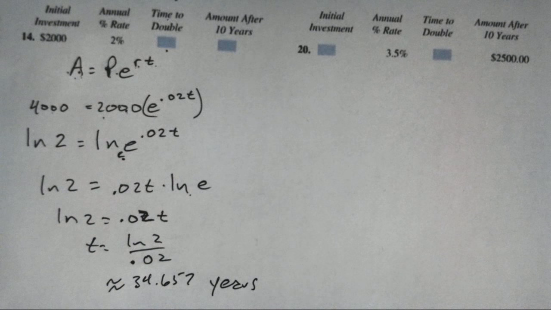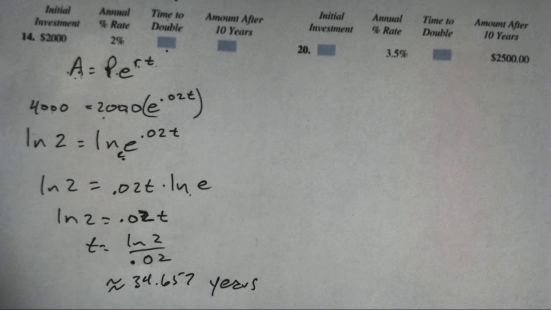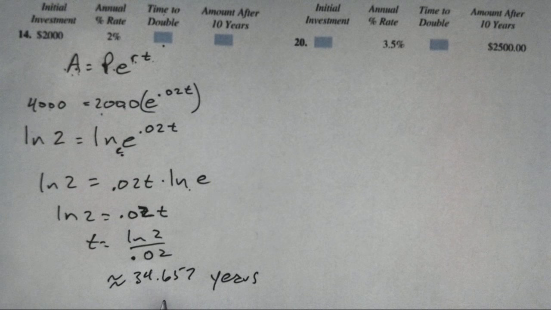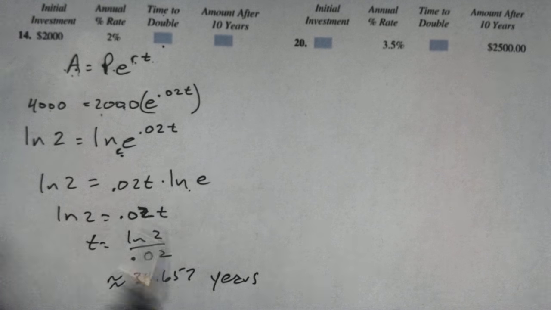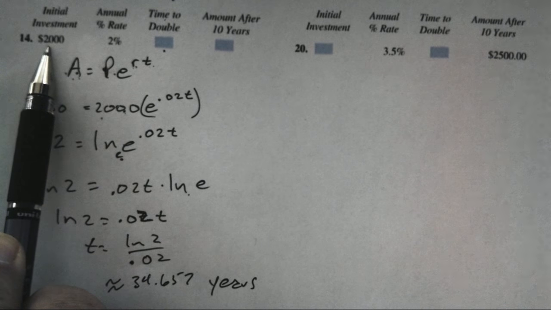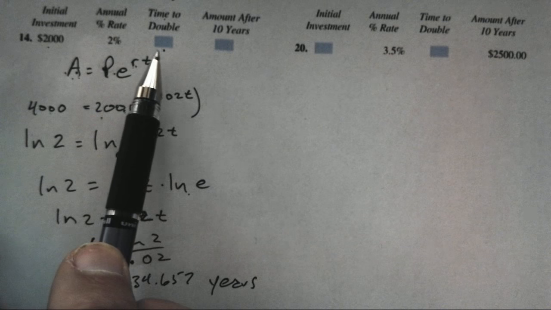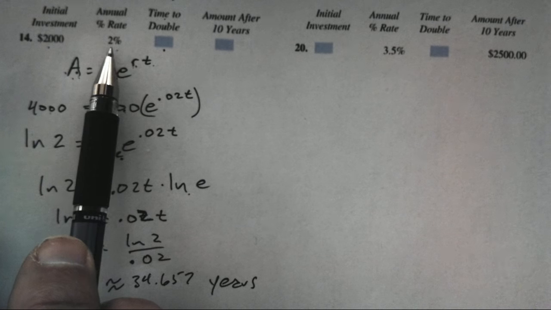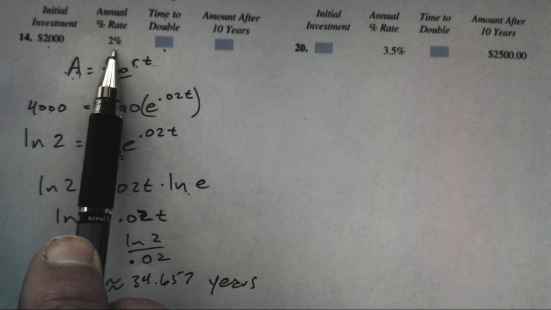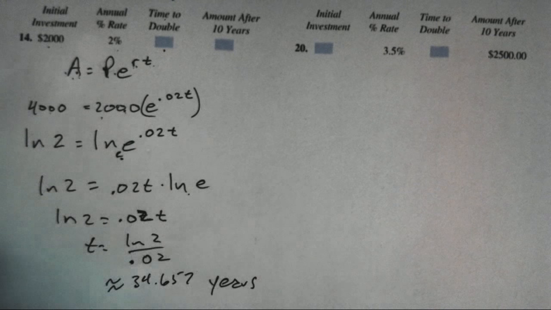One thing I want to tell you: when you're working on these exponential and logarithmic problems, typically if you make an error along the way, your final answer is just going to be ridiculous. For instance, if I got an answer like 0.316, a $2,000 investment is not going to double in 0.316 years. It's going to take a while. If it was plain old simple interest at 2%, it would take 50 years to double.